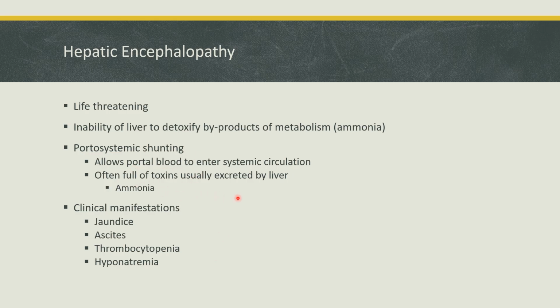So we're going to have high ammonia levels due to not being able to break that ammonia down, and it's also entering the blood at a higher rate because we have that higher pressure system. So these patients can have all of those same symptoms of hyperammonemia with our hepatic symptoms like jaundice, ascites, thrombocytopenia, and maybe a low sodium, because we're not going to be converting aldosterone appropriately.